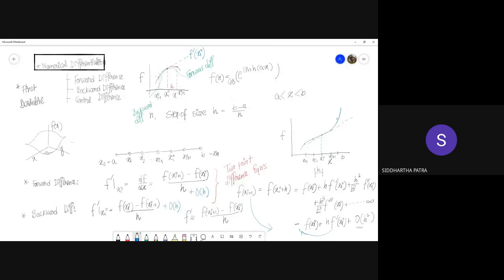So basically, from xi to xi plus 1, the gap is h, and this f prime also changes from one location to another location proportional to h. Or the amount of error that you are getting is actually proportional to h.